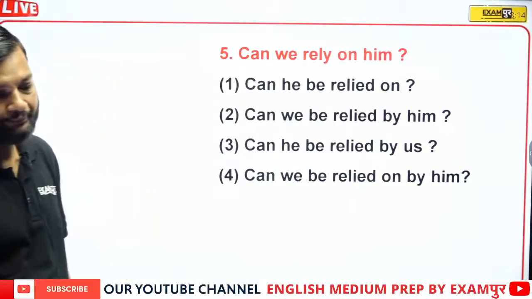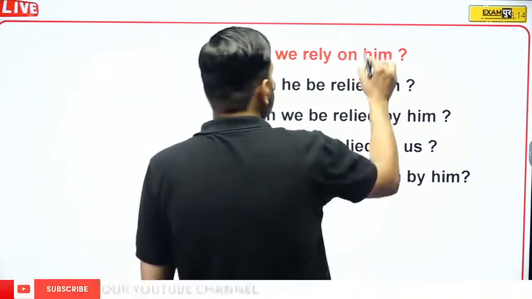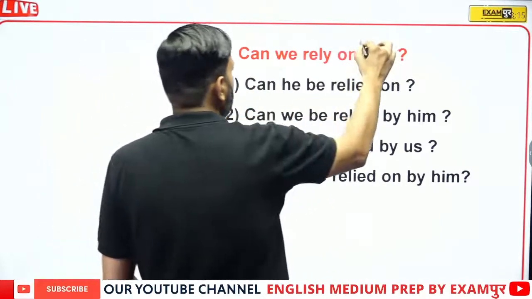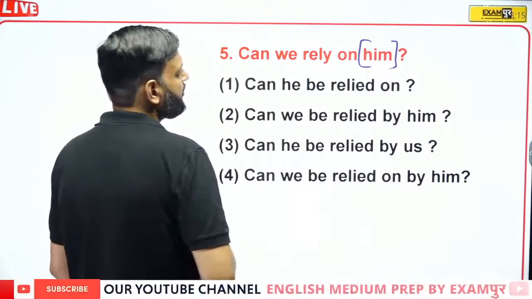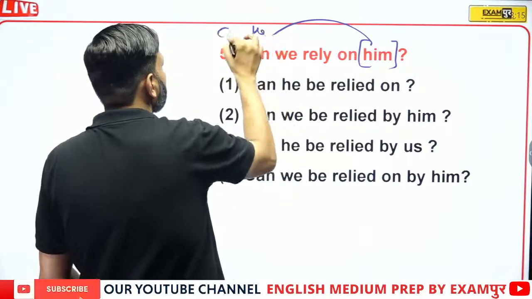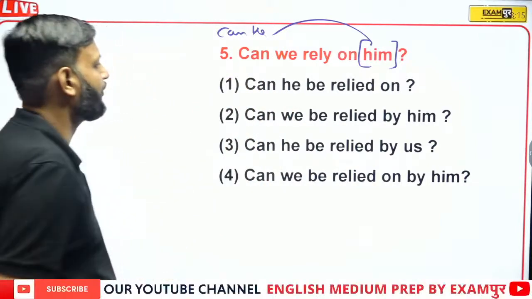Can we rely on him? See, in this sentence, him is the object. And since him is the object, it will become the subject and helping verb is he. So can he is required.